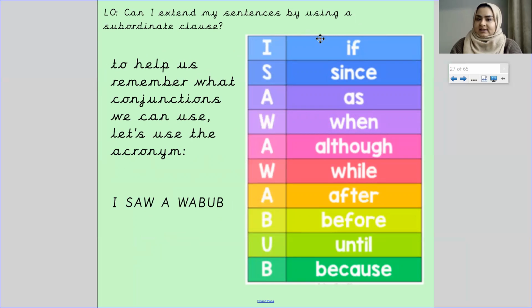I is for if, S is for since, A is for as, W is for when, A is for although, W is for while, A is for after, B is for before, U is for until, and B is for because.